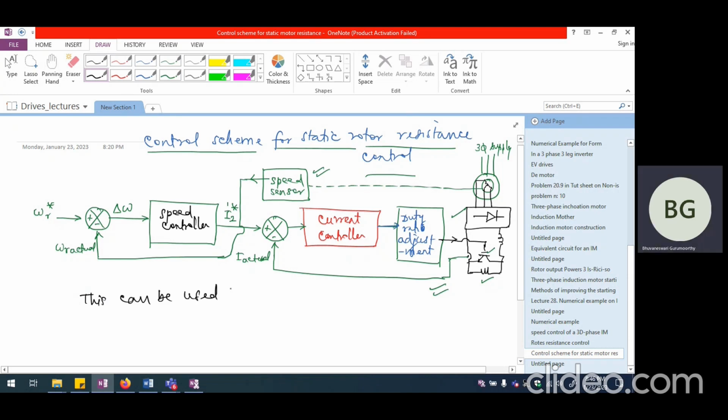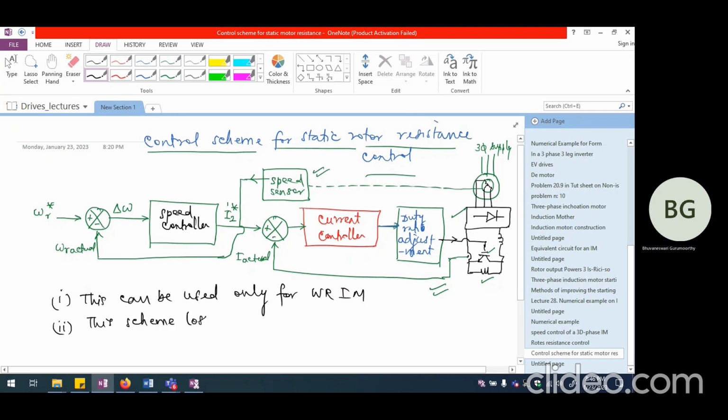It cannot be used in squirrel cage induction motor. This can be used only in wound rotor induction motor or slip ring induction motor. This is one of the major problems. The second problem is this scheme is very lossy. So efficiency is poor.